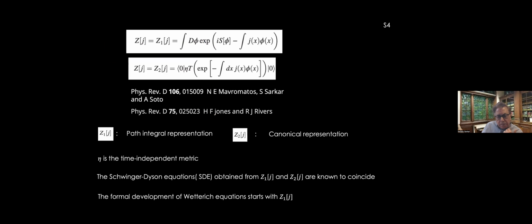But nonetheless, based on general arguments, you can show that the Schwinger-Dyson equations obtained from the path integral formulation are the same as the Schwinger-Dyson equations obtained from the canonical version, where you explicitly have a metric. So in some ways, the path integral, in quotes, knows about the inner product without you explicitly saying something about it. Now, I'm not saying it is going to be true in all situations, but certainly for single scalar theories, you can show that.